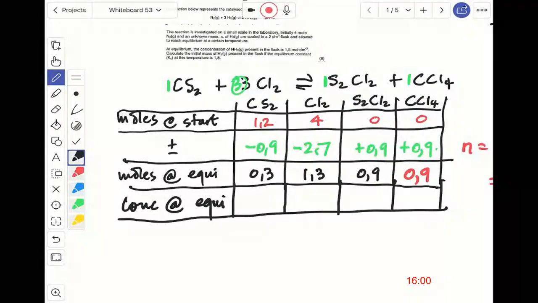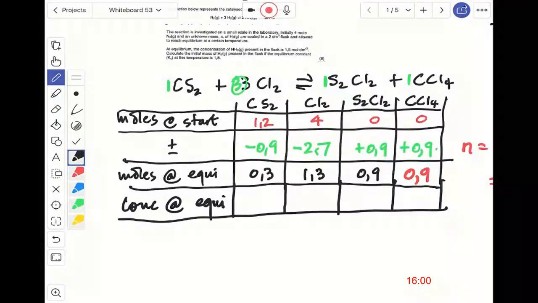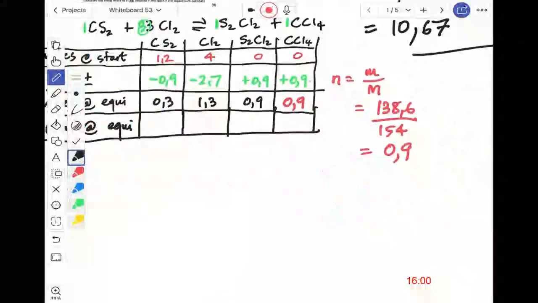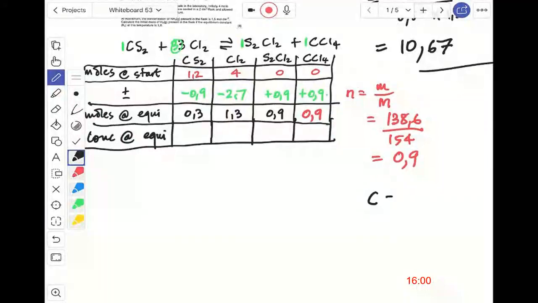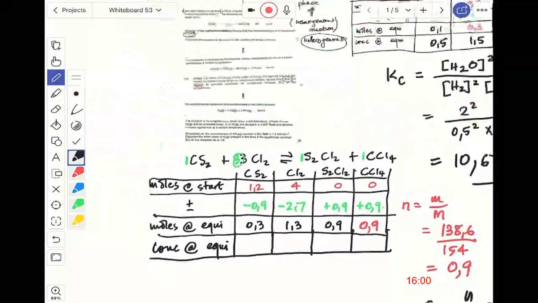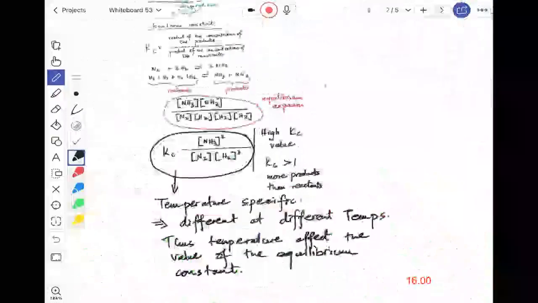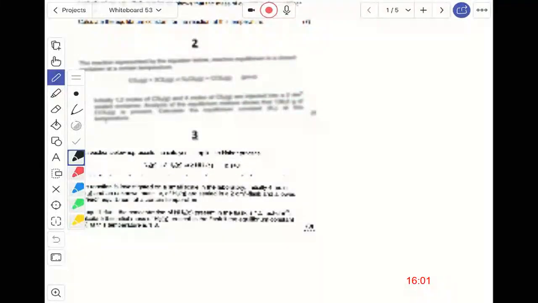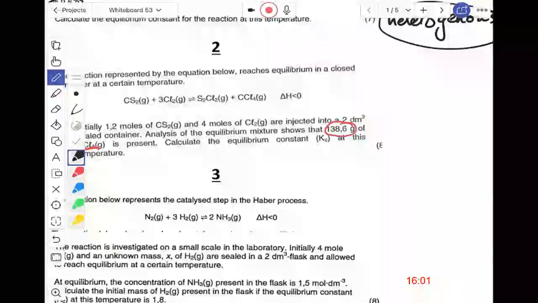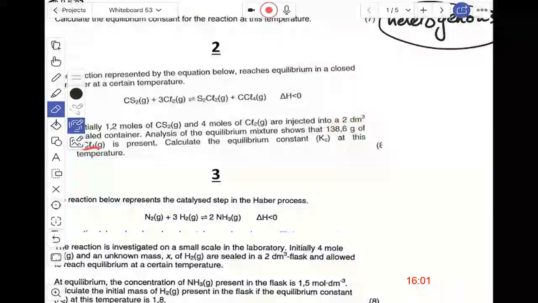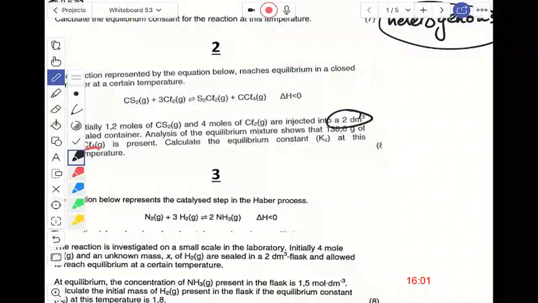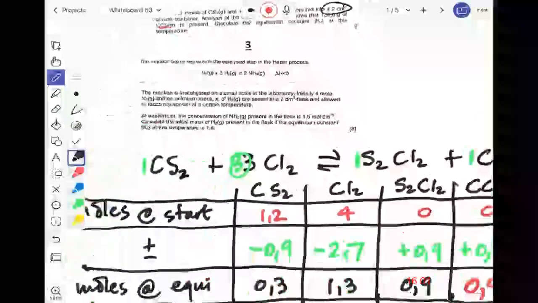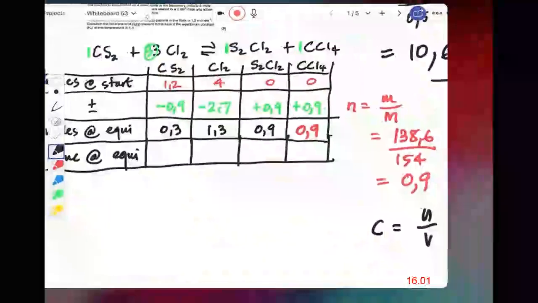Right, now I need concentrations, and concentration is moles over volume, and I notice the volume that I had is 2 decimeters cubed. Here's my volume, 2 decimeters cubed. Okay, so concentration is moles over volume.